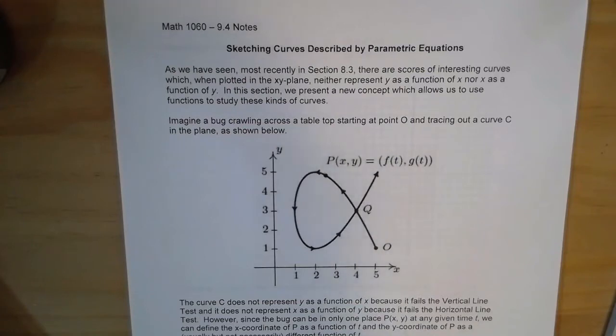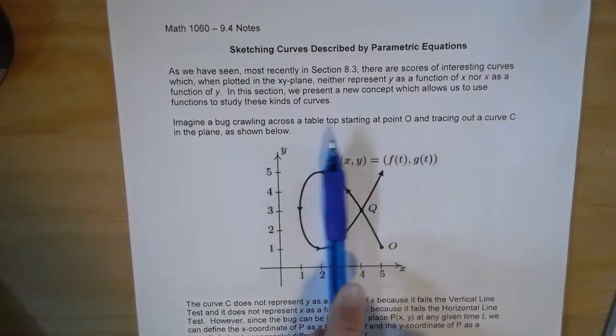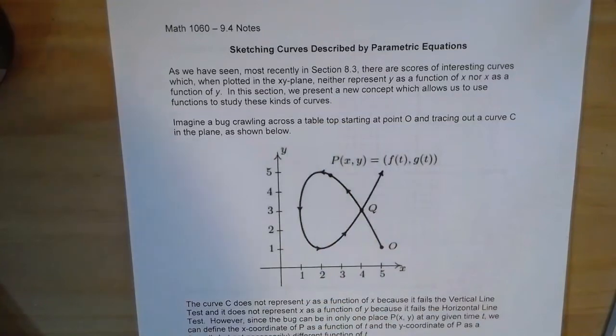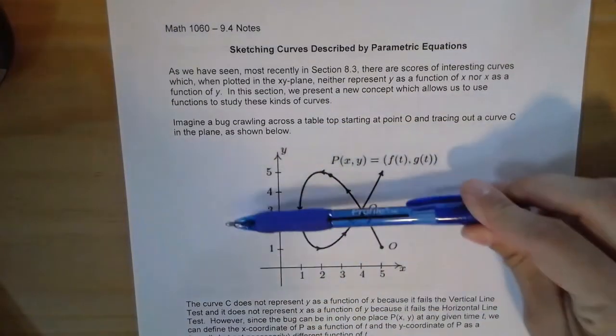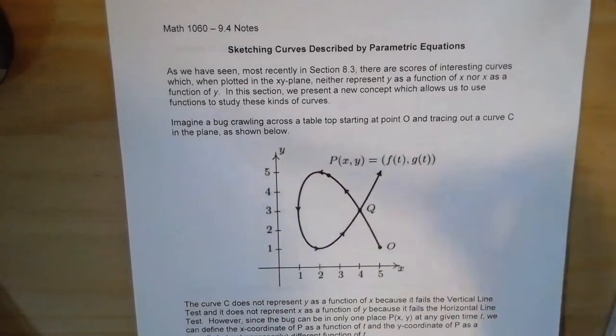Imagine a bug crawling across a tabletop starting at point O and tracing out a curve C on the plane as shown below. The curve C does not represent y as a function of x because it fails the vertical line test, right? So it's not a function. And it doesn't represent x as a function of y because it doesn't pass the horizontal line test.